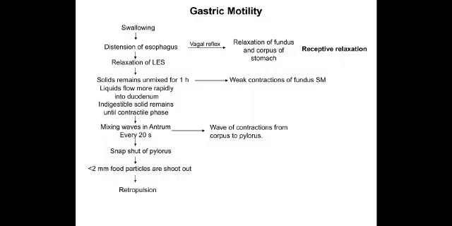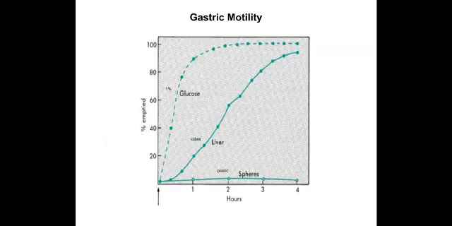This is propulsion followed by retropropulsion, and a rapid contraction of the antrum releases what is called chyme into the duodenum, that is, the small intestine.